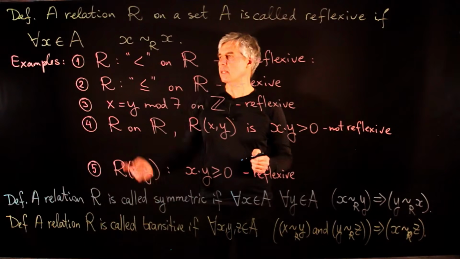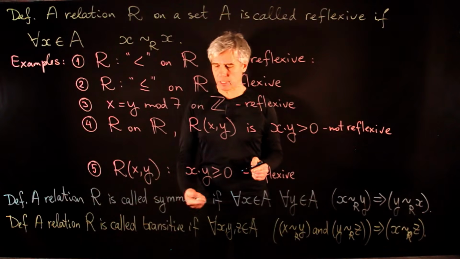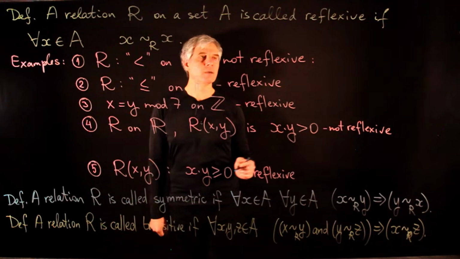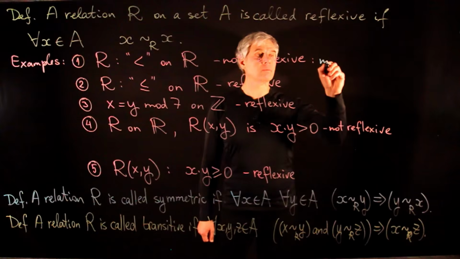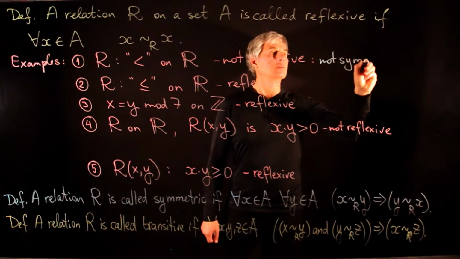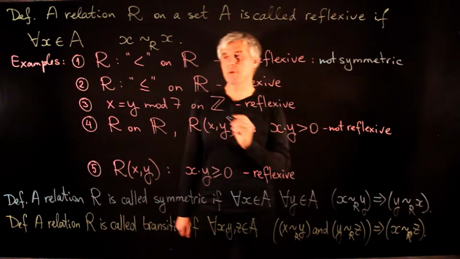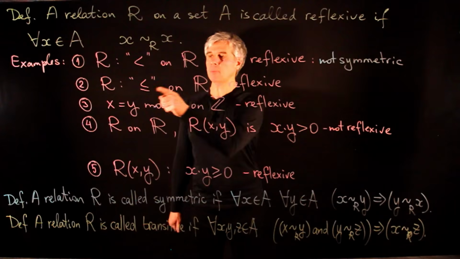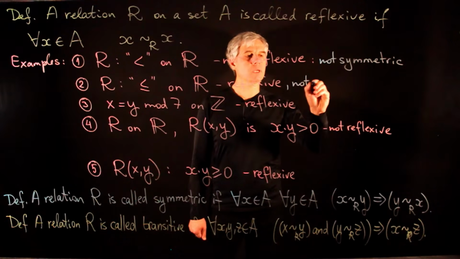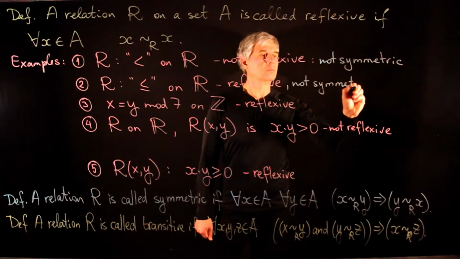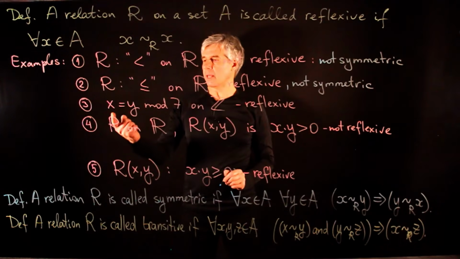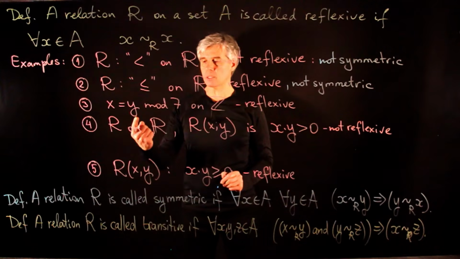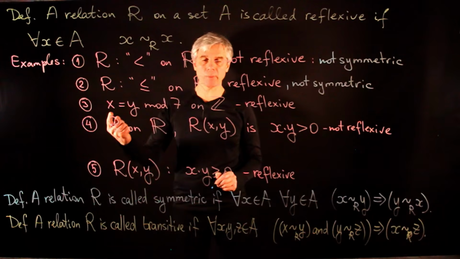Now let us investigate whether these relations possess the properties of being symmetric and transitive. So let's start with the relation less than. This relation is not symmetric. We have 3 is less than 5, but 5 is not less than 3. And the same applies for less than or equal to, so this is not symmetric. The relation x equals y mod 7 is symmetric, because if x has the same remainder as y mod 7, then y has the same remainder as x mod 7.